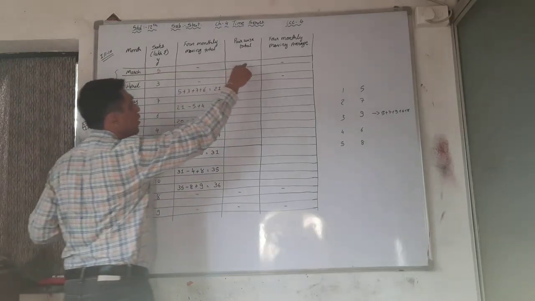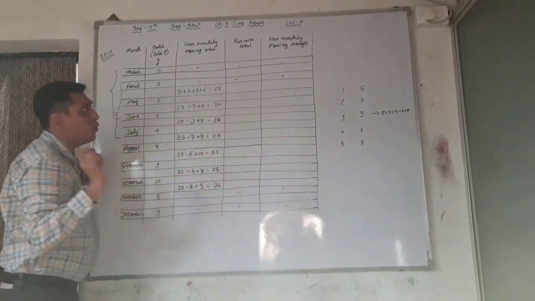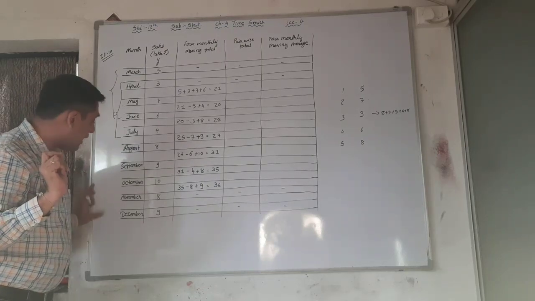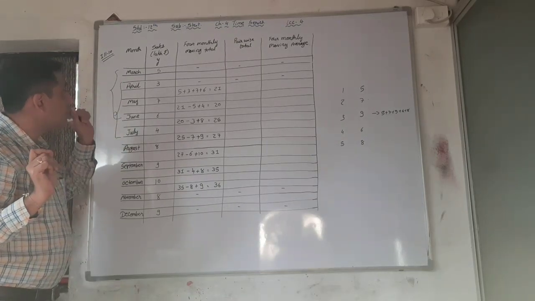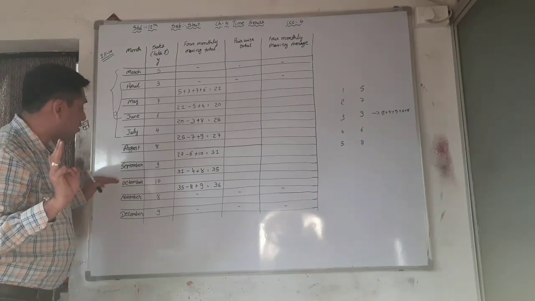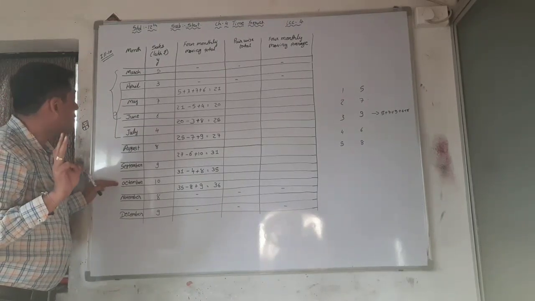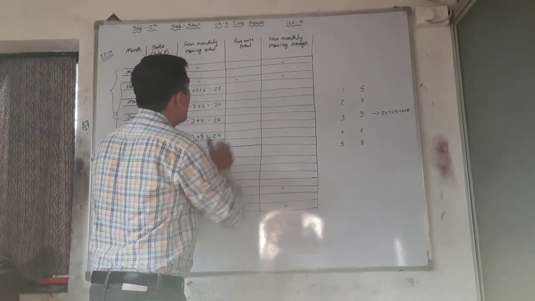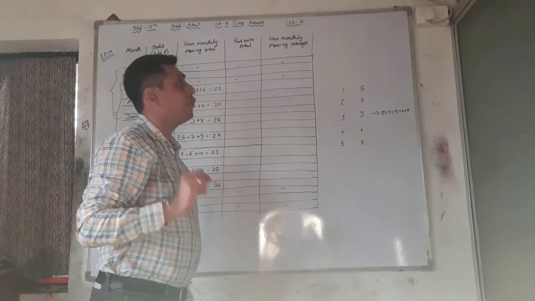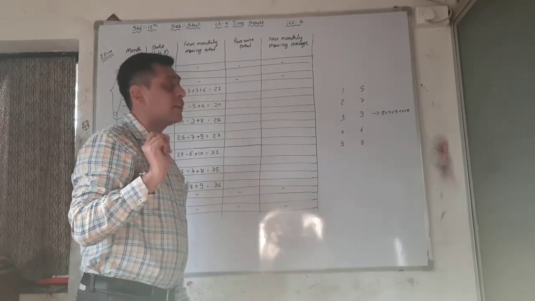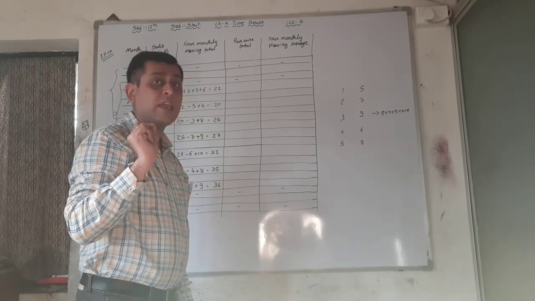March and April, we cannot find the moving total or moving average of the first 2 years or first 2 months and the last 2 months because of this. But here we can find from the 3rd month to the last third month, by getting the pairwise total and then the average of 8 years or 8 months, we can find the 4 monthly or 4 yearly moving average.